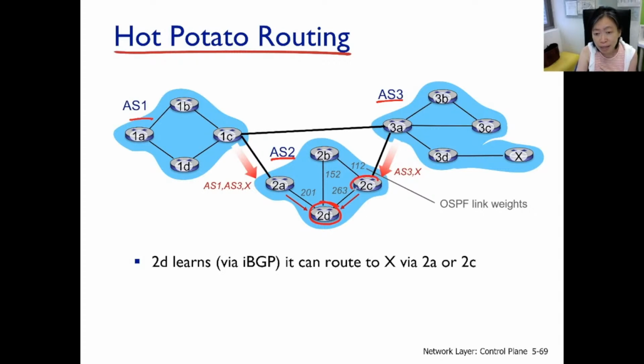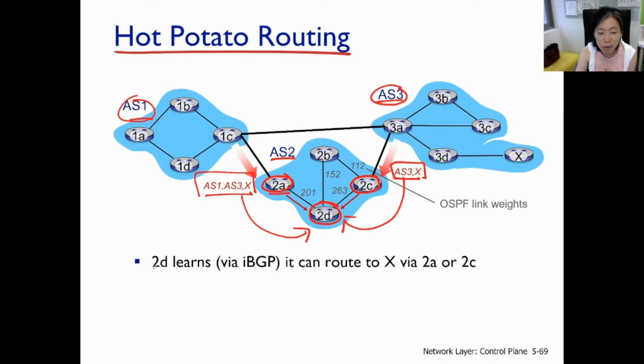One AS path is actually coming from 2C. 2C is the gateway router connecting to AS3, which it receives a path to X, AS3, X. 2A is the gateway router connecting to AS1, where AS1 is passing another AS path to AS2. That is AS1, AS3, and X. So 2A passes this path to 2D. 2C also passes on this path to 2D.